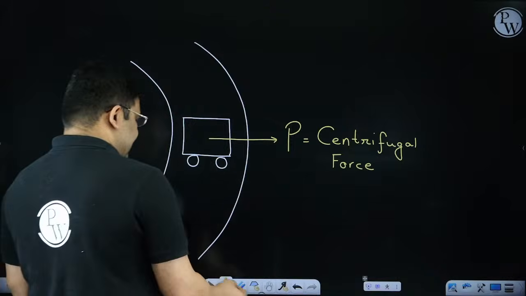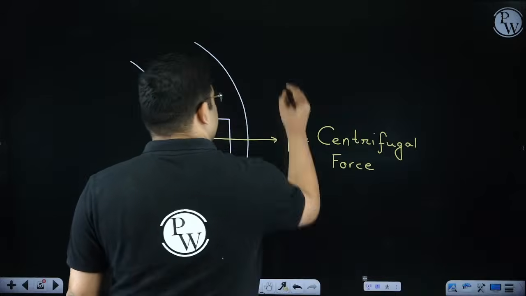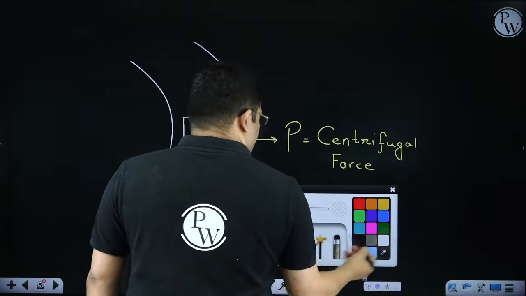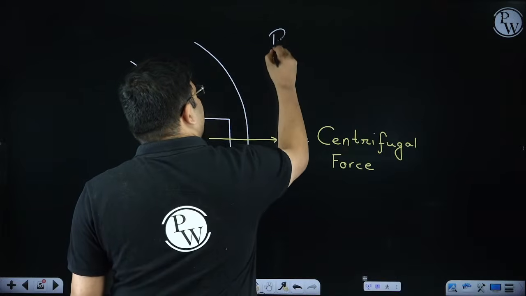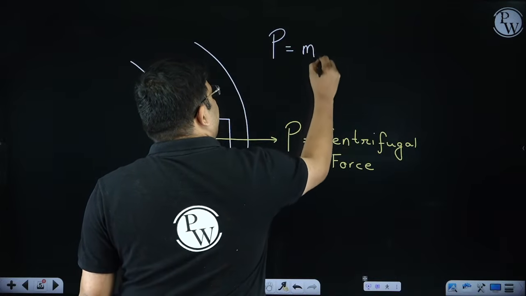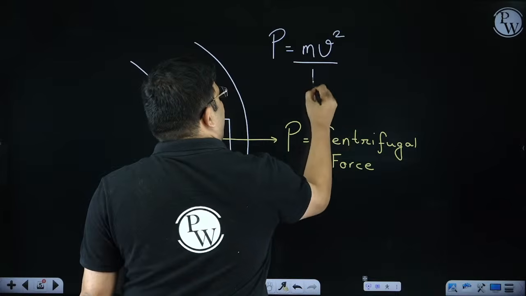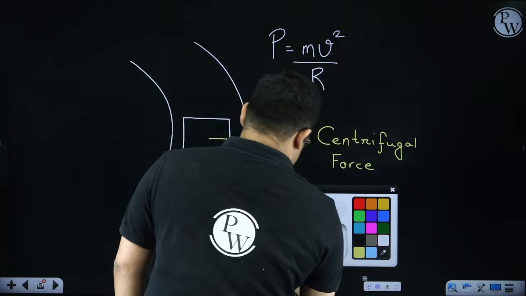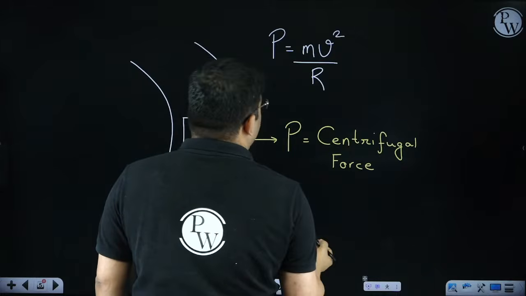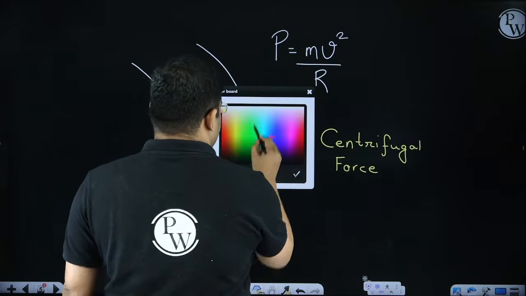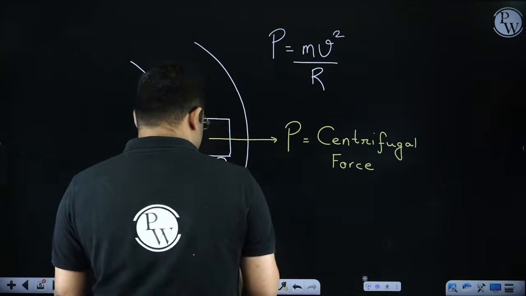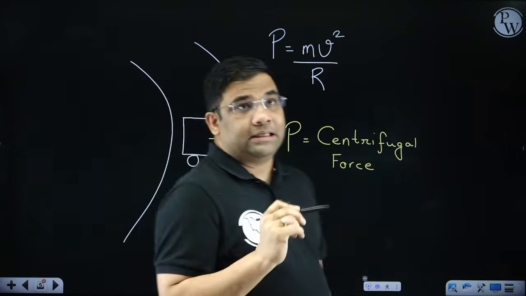We have studied in our childhood that the centrifugal force P is equal to mv square by r, where m is the mass, v is the speed in meter per second, and r is the radius of this curve.